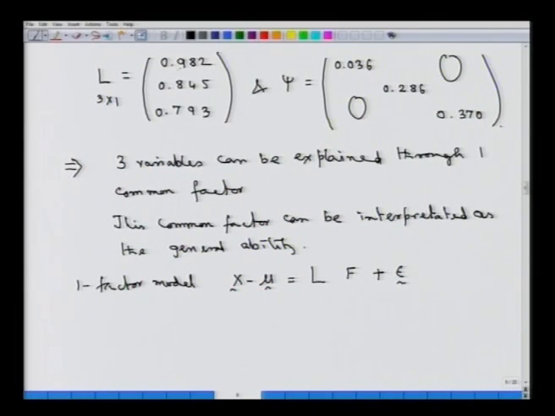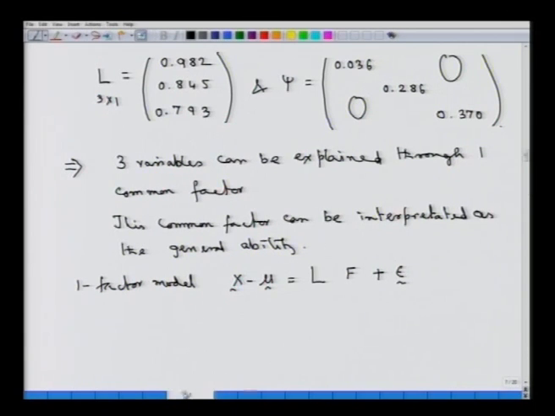Here, looking at these factor loadings, one can say that x1 is most closely related to the factor, because it has the largest factor loading, which is 0.982. The other terms correspond to the second variable x2 and the third variable x3.